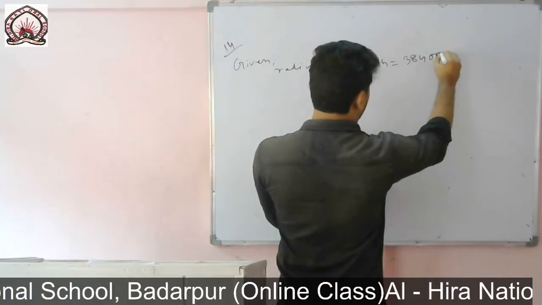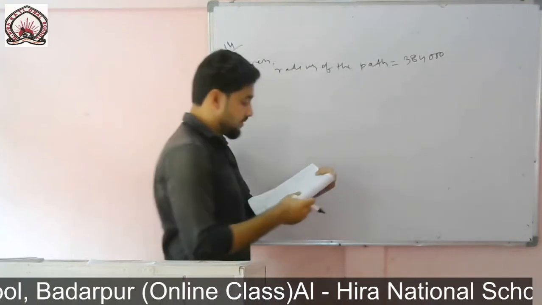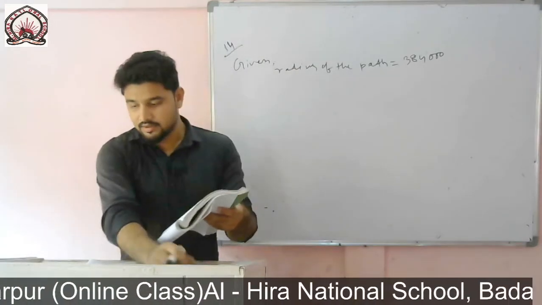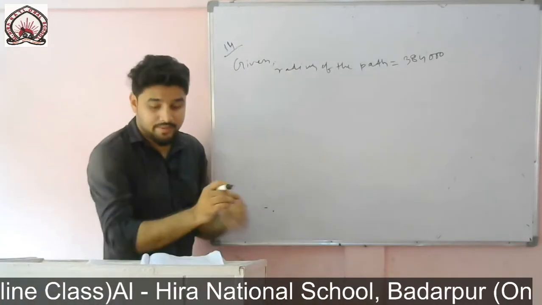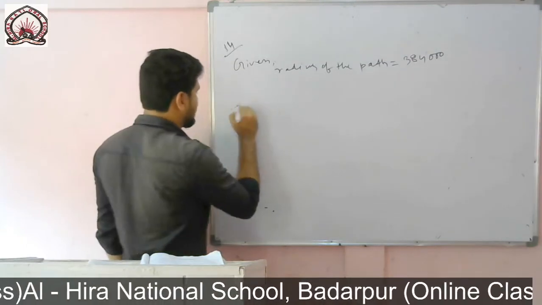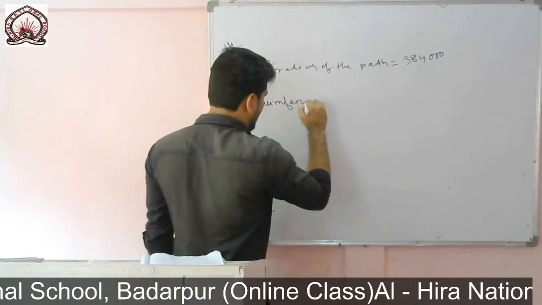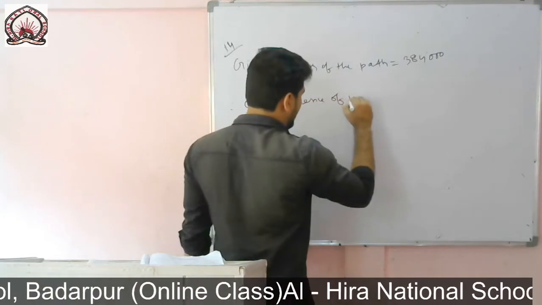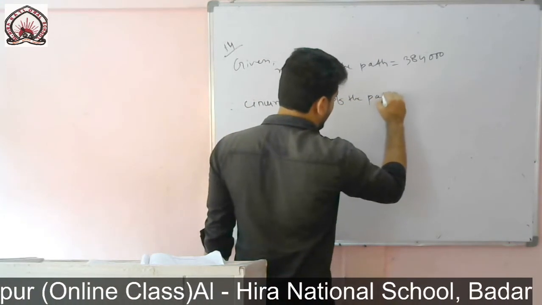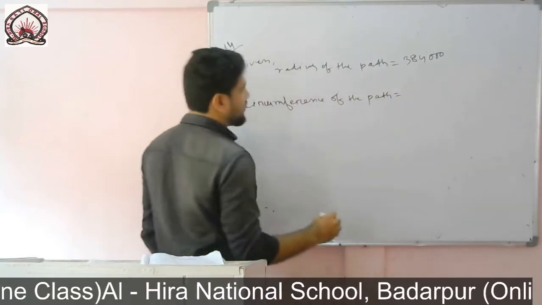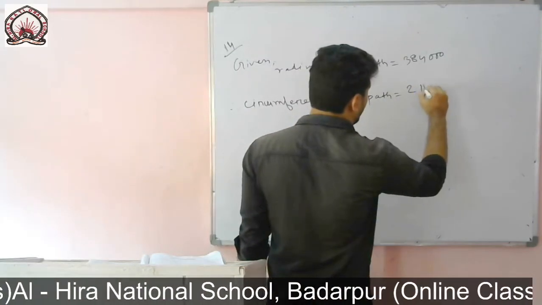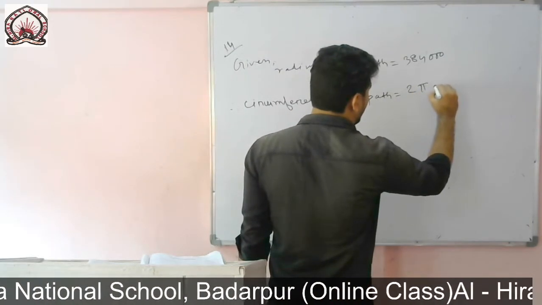384,000 kilometer. Okay, so that radius of the path is given. Now circumference of the path we have to find, and therefore circumference of the path will be 2 pi r.